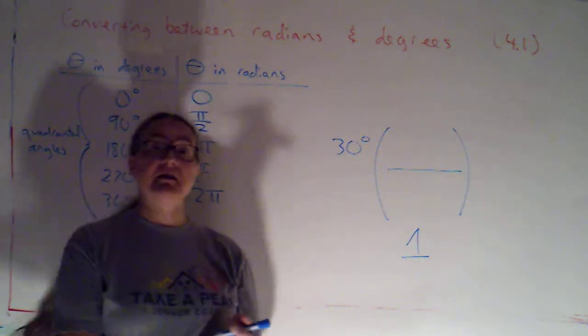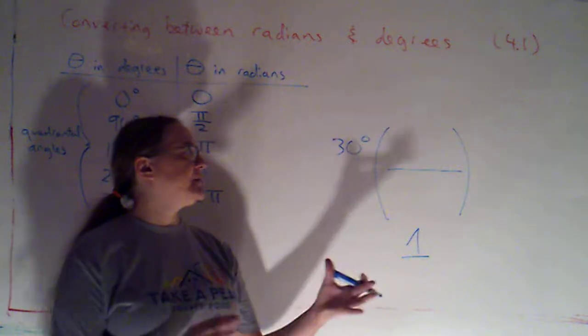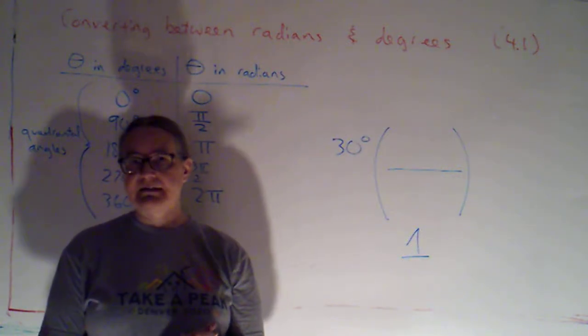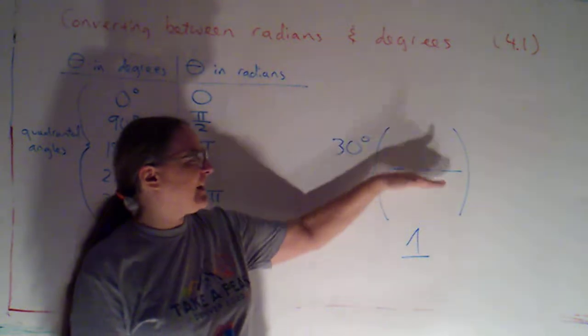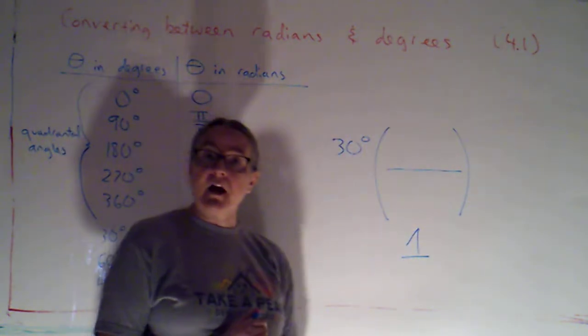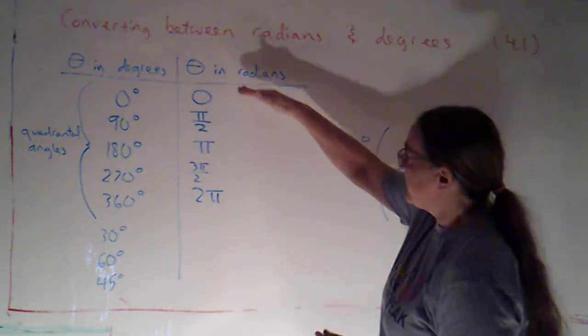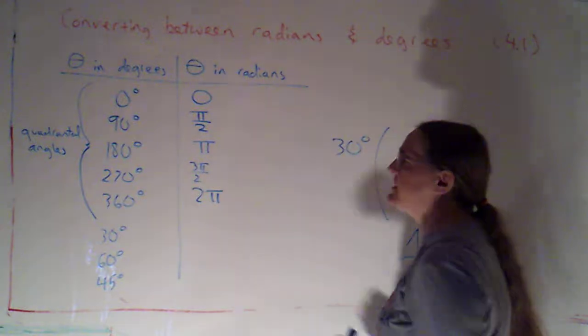I want to change the way this looks by keeping it the same amount of rotation, but changing from degrees to radians. And 1 is just anything that's not 0 over itself. So what I'm going to do is look here. Now, I don't want to use this because that would be 0. Don't want to use 0.